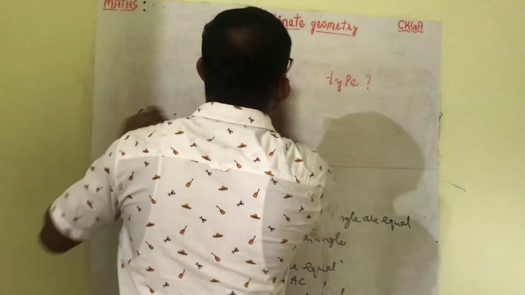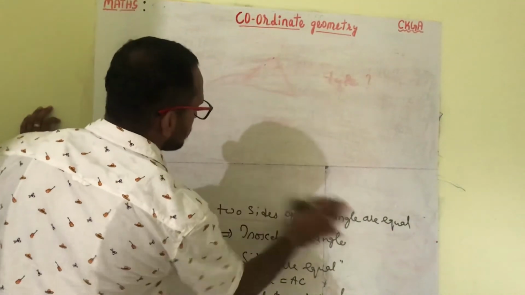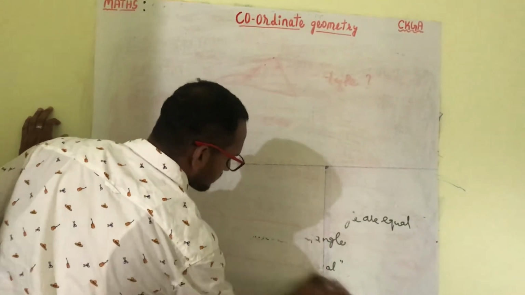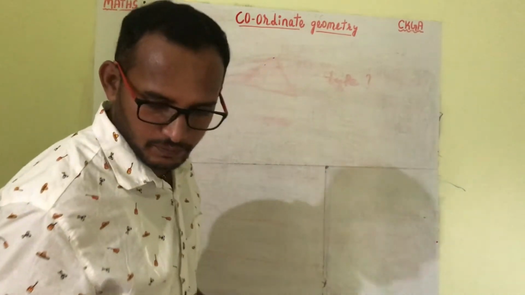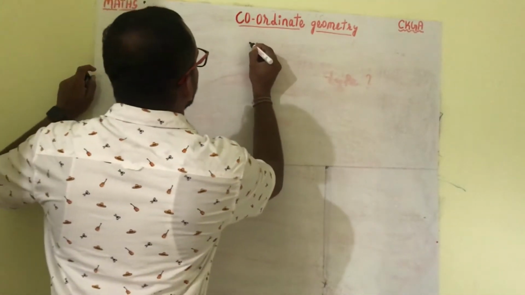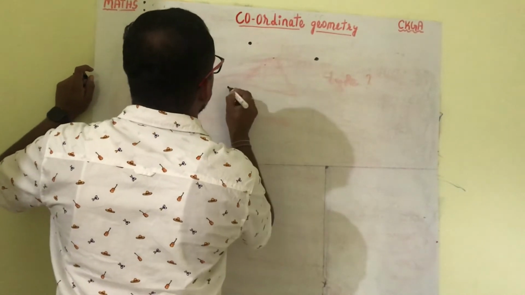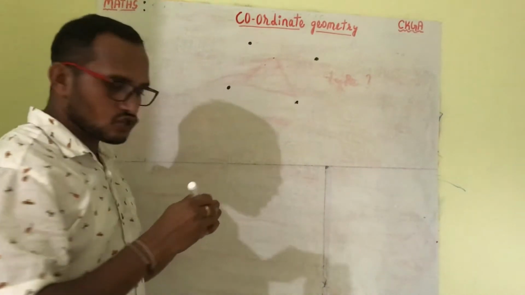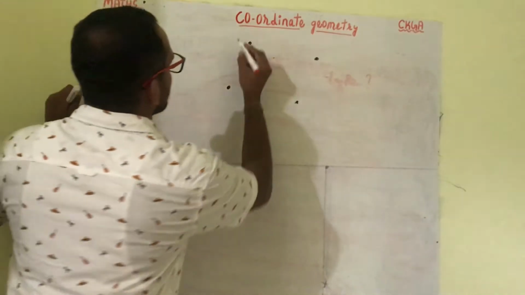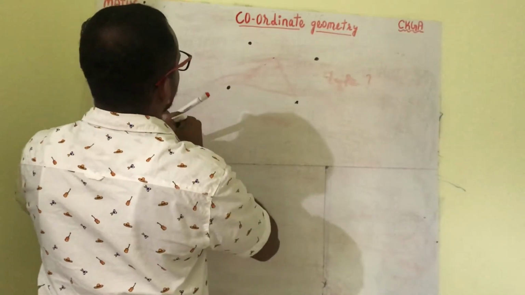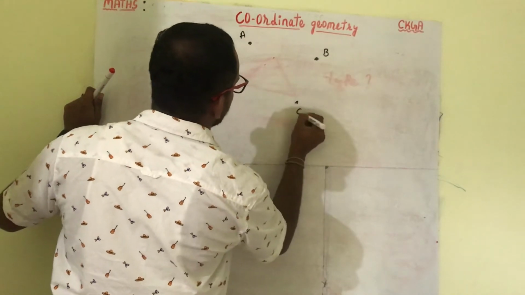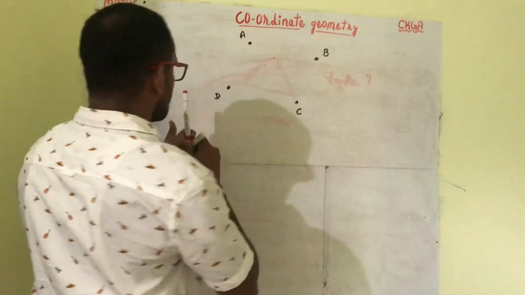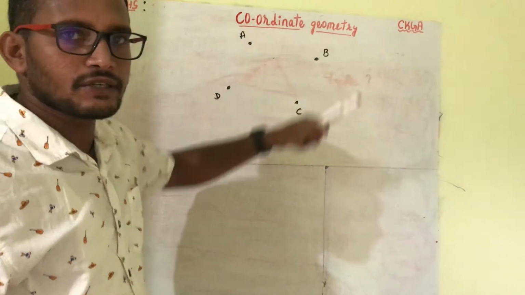So what about 4 points? Suppose you have 4 different points on a Cartesian plane. I'll take 4 different points. Let me name them first, then of course you can join them. Just say A, B, C, D. We always arrange them in a consecutive order.